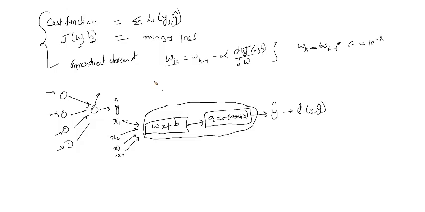So you initialize w with some initial values, like let's say w1, w2, w3, w4, and you have a value b. Let's say these are 0, 0, 0, 0. Initial values are like this, right?